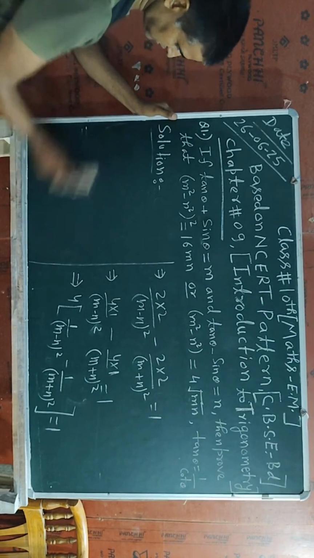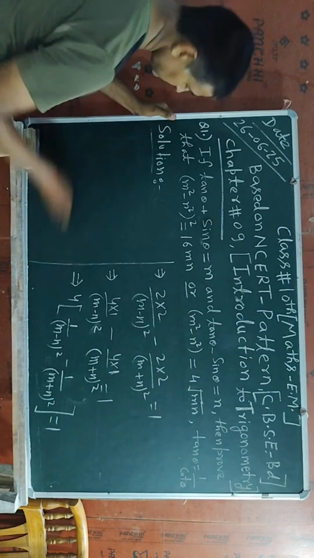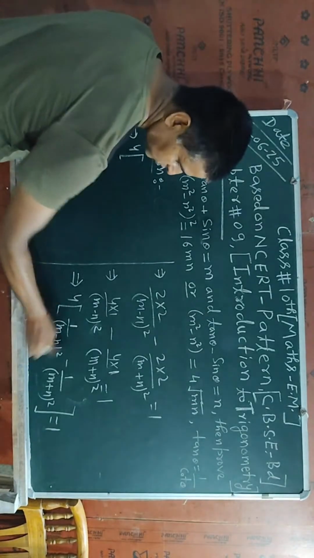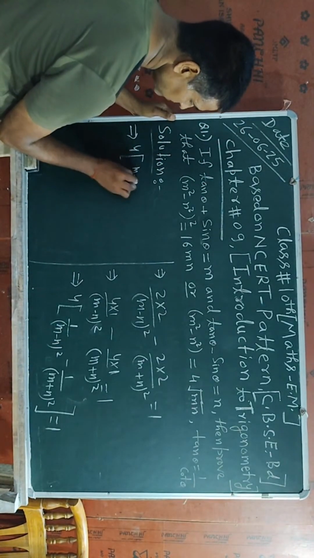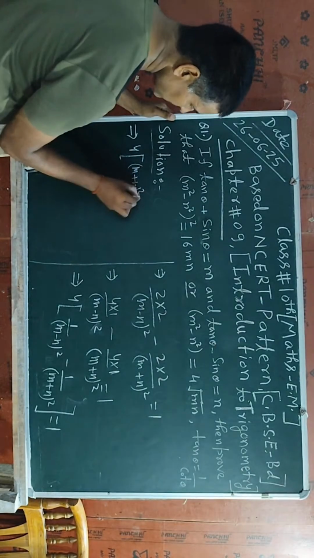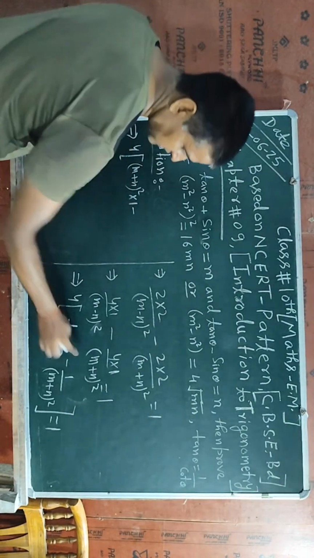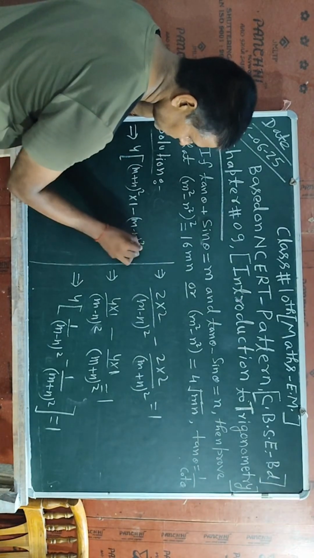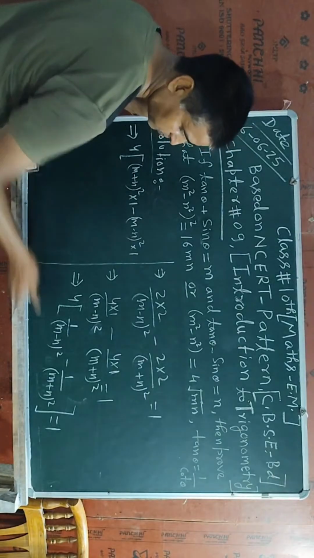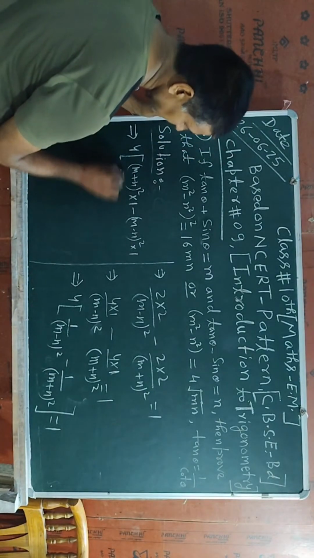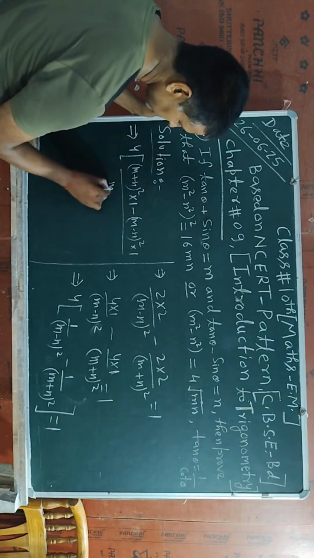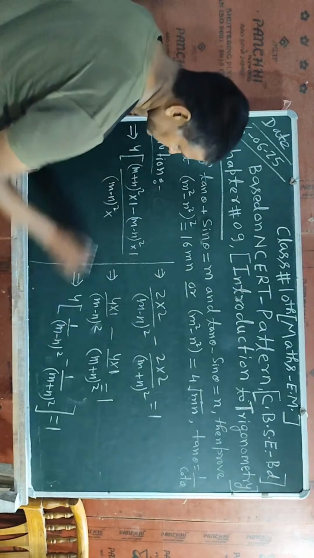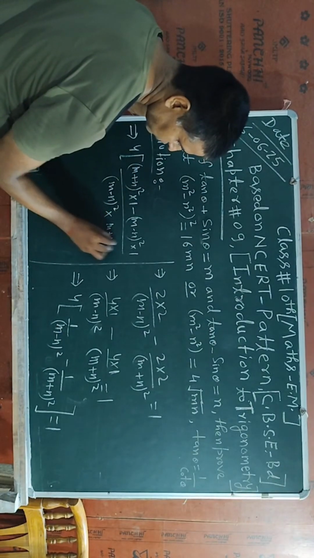this value I am going to erase, and after erasing I will write this value here. So for the value here, this value I will multiply into (m plus n) whole square into 1 minus, here minus is a value, (m minus n) whole square. I will put 1 and divided by, here (m minus n) whole square into (m plus n) whole square.